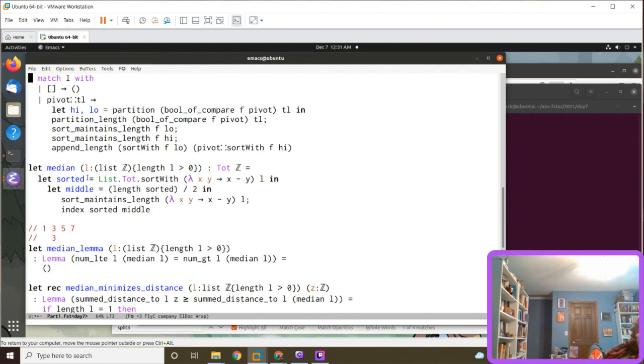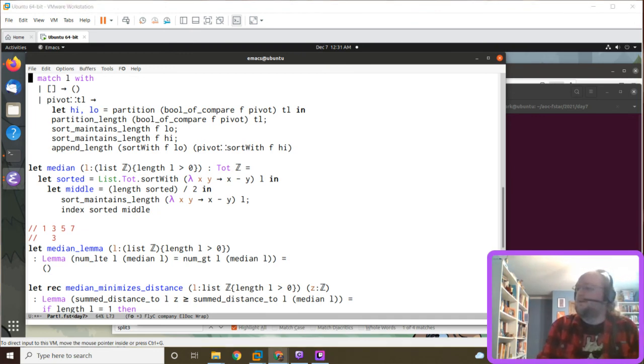Could we use a median of medians algorithm? I could implement a median of medians algorithm, but I think that would be a lot more complicated to reason about.